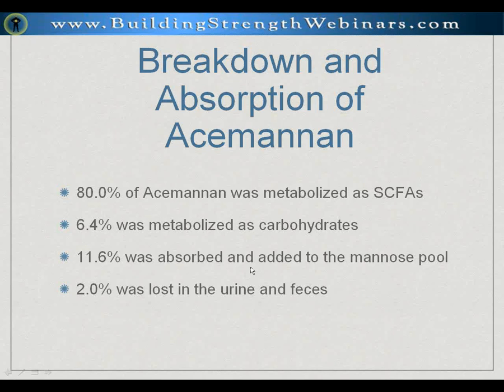But if you remember that the feces is 40 to 60% bacteria, the bacteria use the mannose to make their glycoproteins and glycolipids. So a very small percentage of the mannose is actually lost. That shows you how efficient nature is.